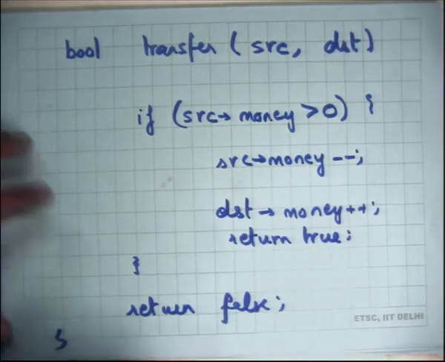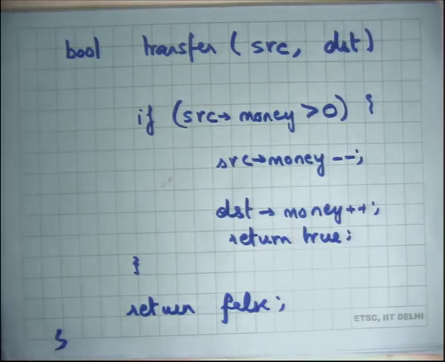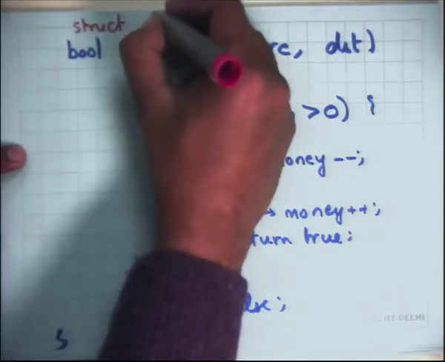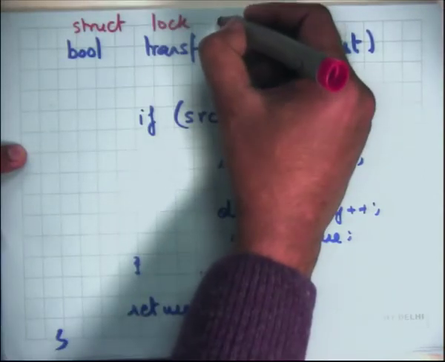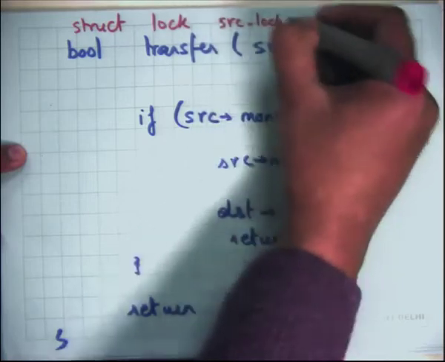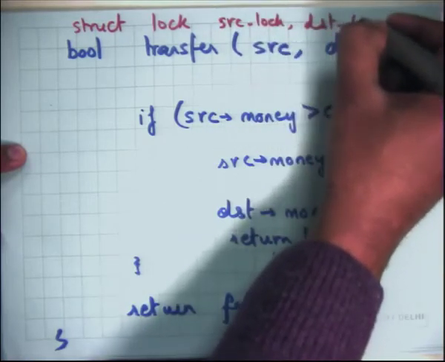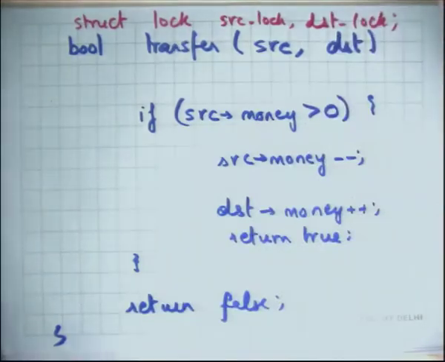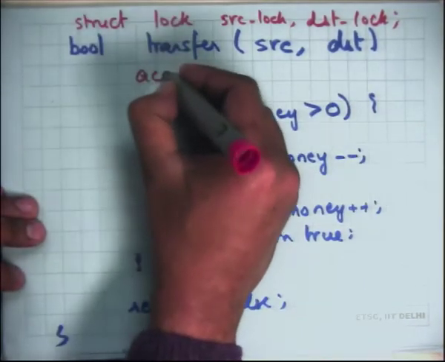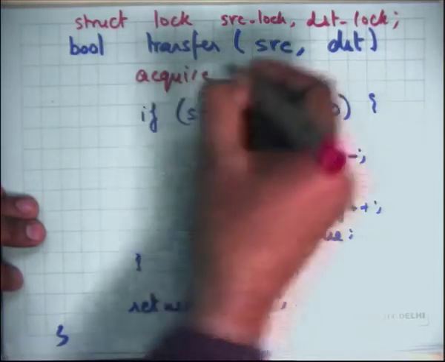Okay, so let's say I rewrite this code, and let's say I have 2 locks now. So I have struct lock, source lock, and destination lock. Okay, let's say I try to do this. And let's say I say acquire source lock.